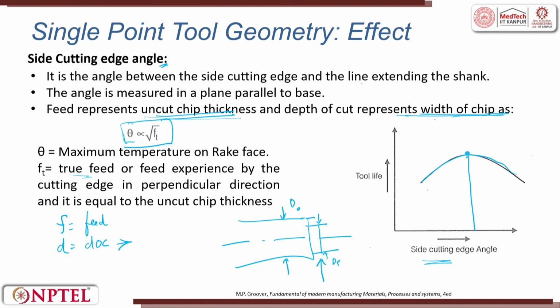The difference is called D, the depth of cut. When we move along the axis of rotation, that is called the feed.